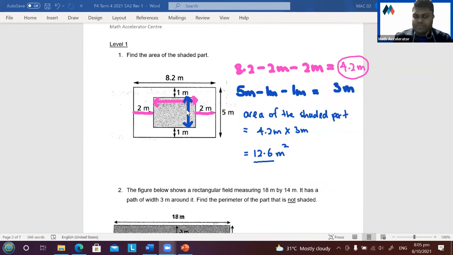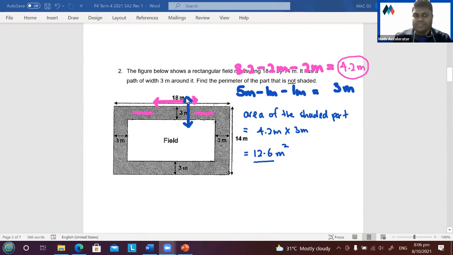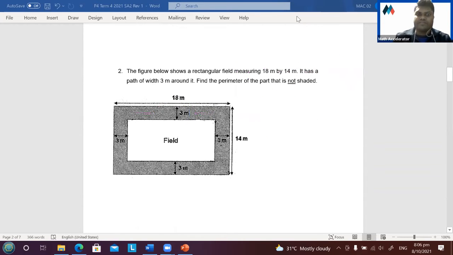Now let's move on to question number 2. The figure below shows a rectangular field measuring 18 meters by 14 meters. It has a path of width 3 meters around it.